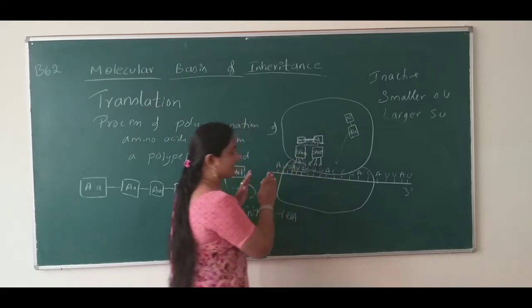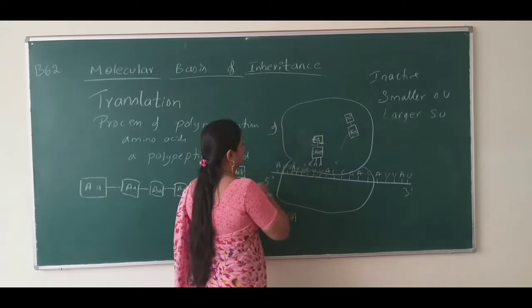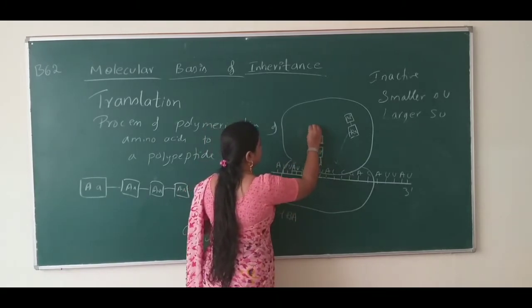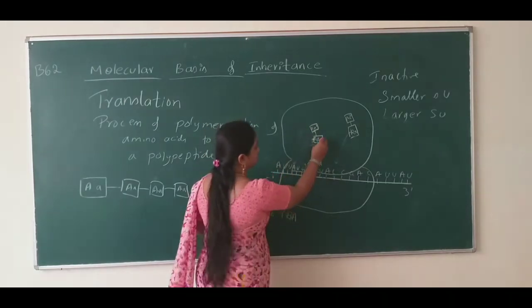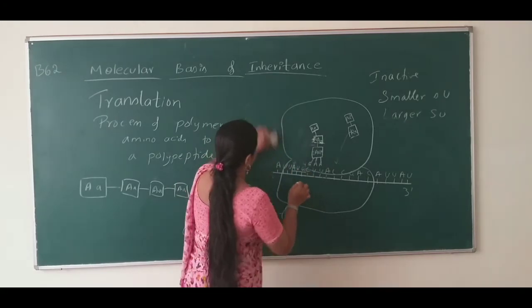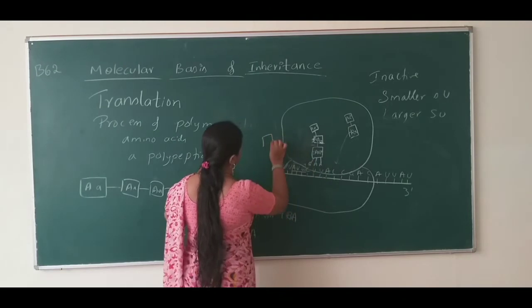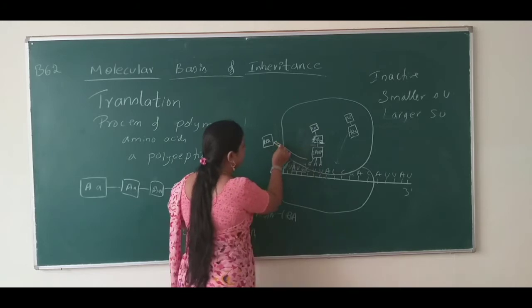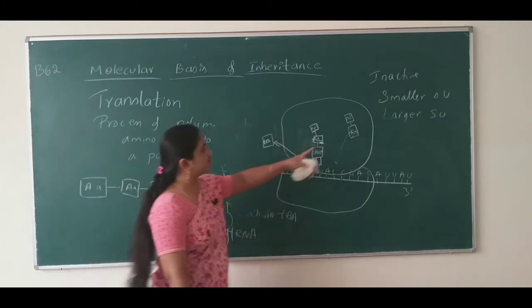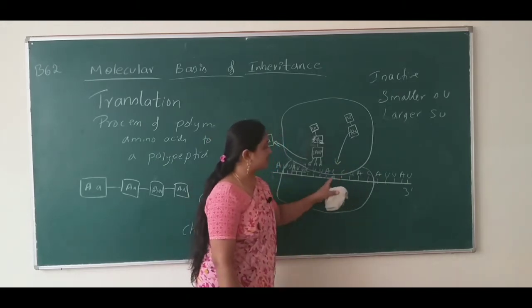So consider, I'll just erase this. It means it will get detached. So the first amino acid I'll write here, and the second amino acid, and the tRNA is detaching from the process, and one more tRNA is ready to bind to this triplet codon.